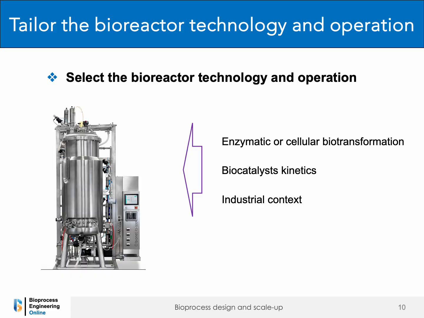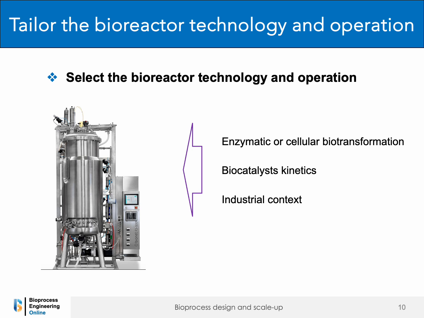The critical decision in bioprocess design and scale-up lies in selecting the technology and operation of the bioreactor, implementing the enzymatic or cellular transformation. Indeed, the biotransformation operation is particularly sensitive to the reactor configuration and operational conditions. Industrial bioreactors exhibit a wide range of technologies and operational modes.